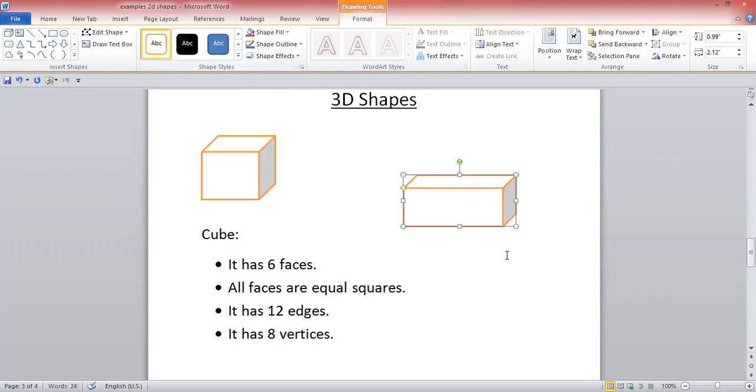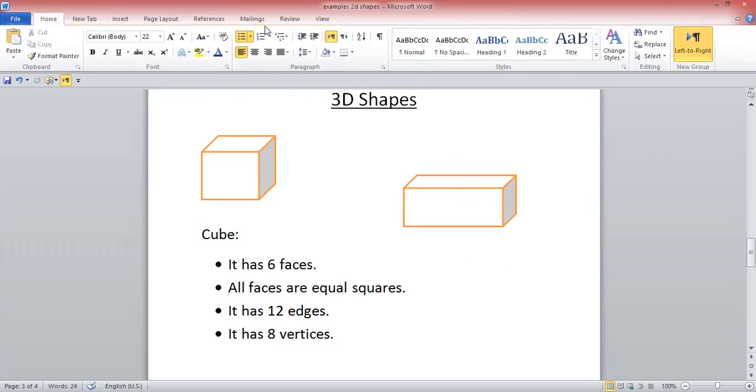Guys, can you identify that shape? Yes or no? Yes, sir. Guys, it is a 3D shape. It is not a 2D shape. Rectangle is a 2D shape. In a 2D shape, you can only check the side and the vertex.